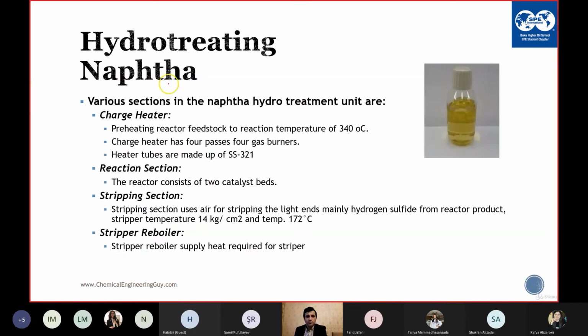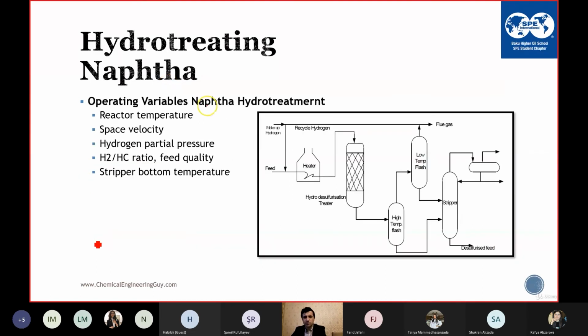So the various sections in the naphtha hydrotreatment unit are the charge heater, reaction section, stripping section, and stripping reboiler. So you have the heater, the reactor, and then the high temperature flash and low temperature flash. Flash means the separator.